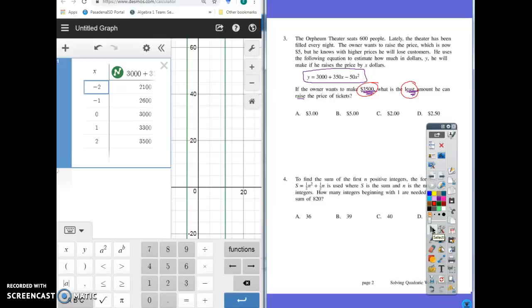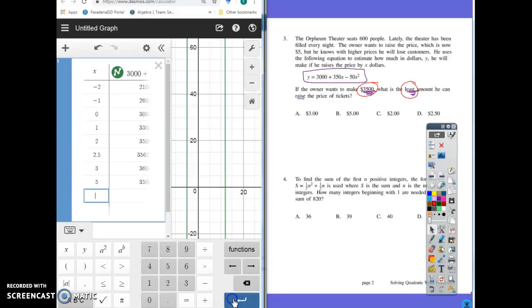So my answer choices are 3, 5, 2, and 2.5. So here's 2. Okay, I reached the 3,500 that I wanted. But let's check 2.5. Enter. Let's check 3. Enter. And let's check 5. Enter. Because those are my answers.